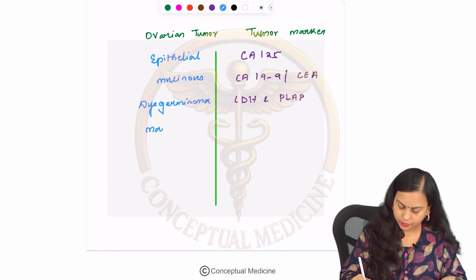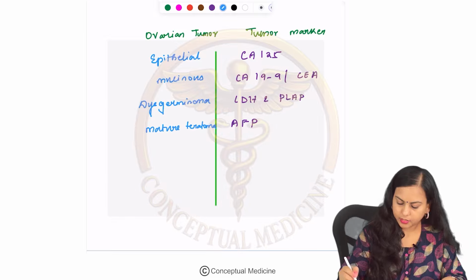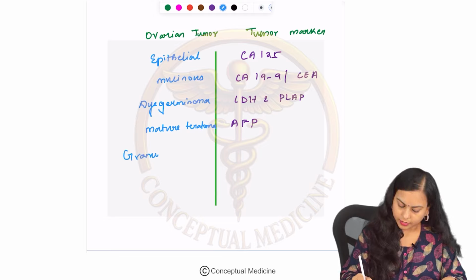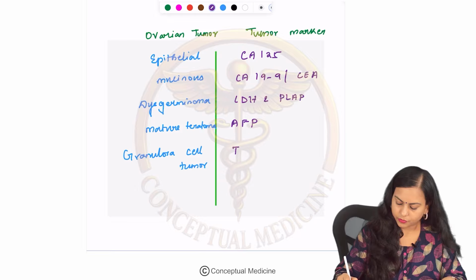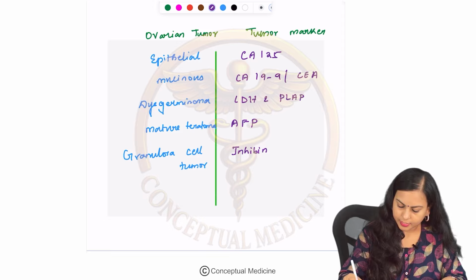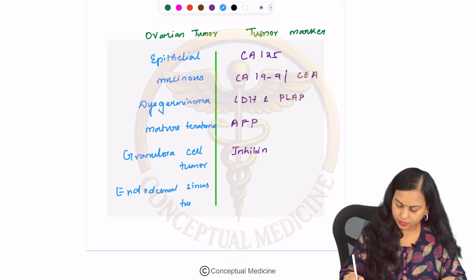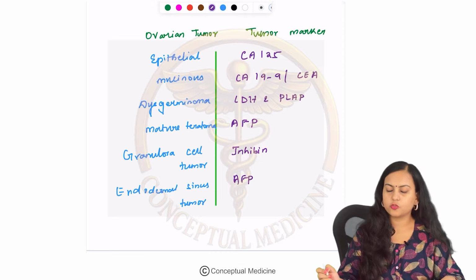You have mature teratoma where the tumor marker is alpha fetoprotein. Next is your granulosa cell tumor, for which inhibin is the tumor marker, and finally the endodermal sinus tumor, for which again AFP is the tumor marker.